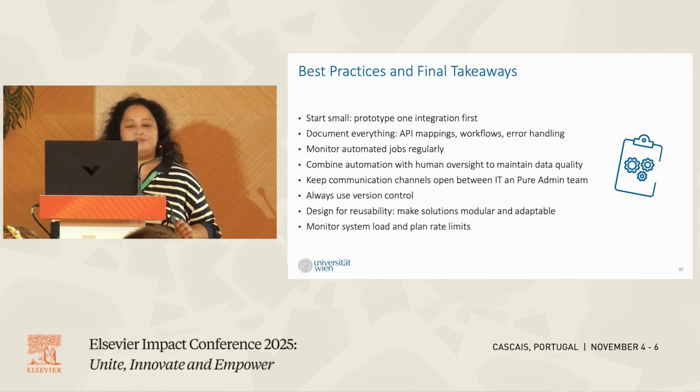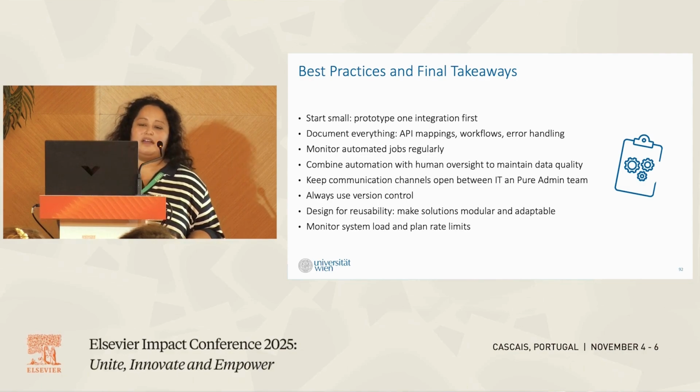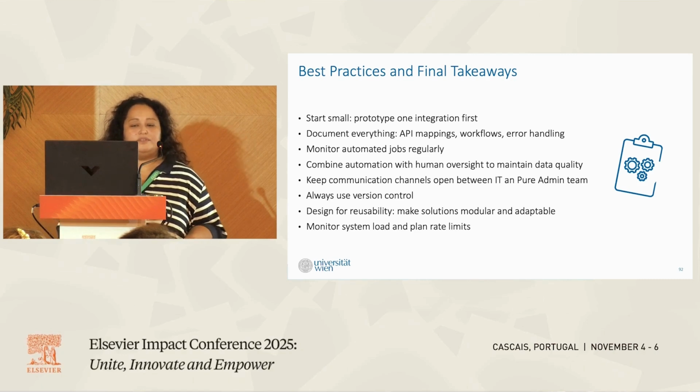You have to document everything: API mapping, the workflows, even the errors, because you have to solve them, and maybe this work will help you later with another error handling. Then you have to monitor the jobs regularly, because a small error can grow larger and larger if you don't solve it really quickly.